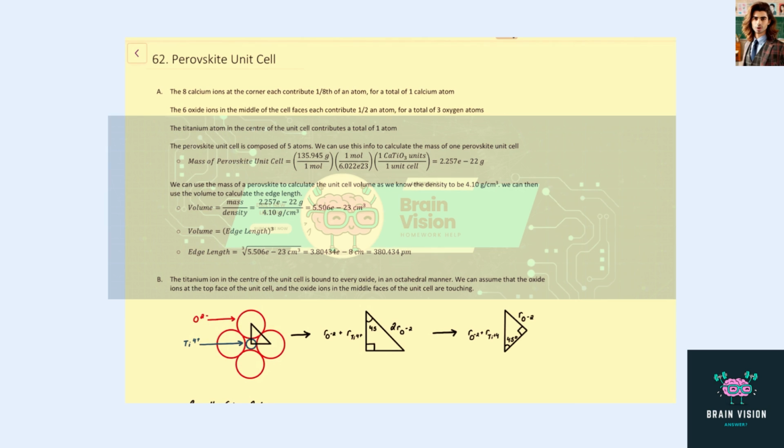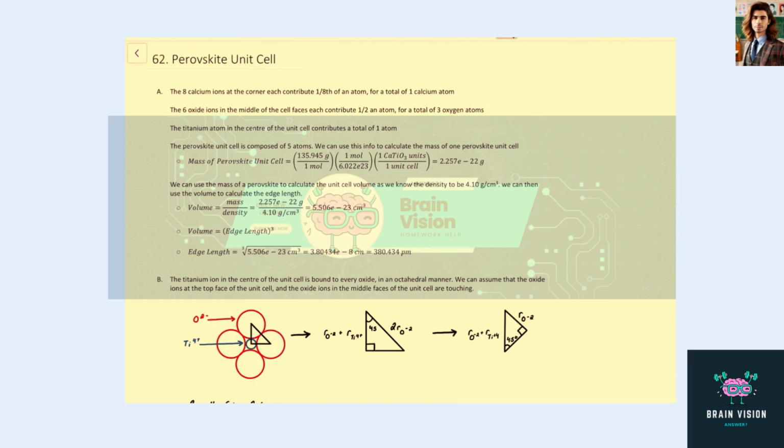So we need the molar mass of perovskite given its formula, and we can determine that based off of the periodic table by summing the atomic weights of the components of this molecule based on the formula.